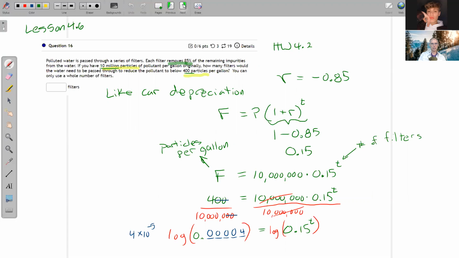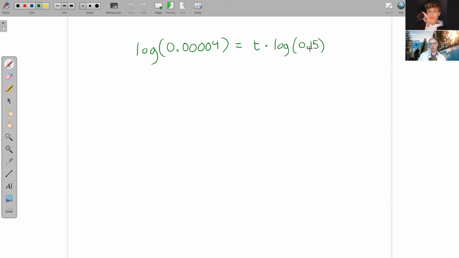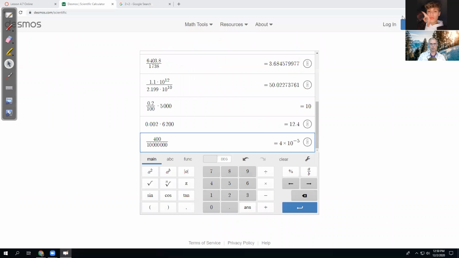So then we get the power times the log of the base. The last step is to break that multiplication right there. We divide by the log of 0.15. Next we should hopefully agree on what the calculator version of this number on the left is. Let's do that, and I'm going to do it two ways just to double check. Back to my calculator.